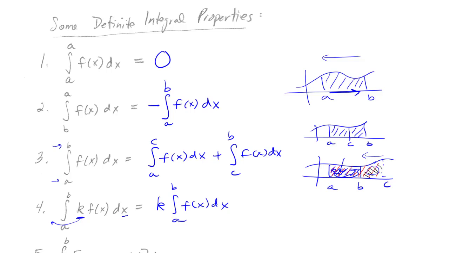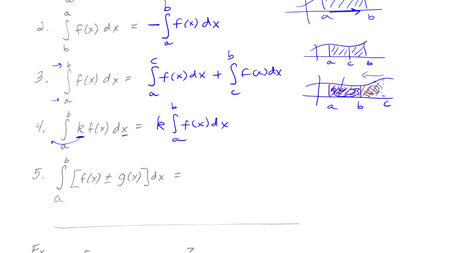Now, how about the definite integral of f of x plus or minus g of x? When we had indefinite integrals, we could break this up, and we can still do that in the definite integral case, plus or minus, whatever you have.